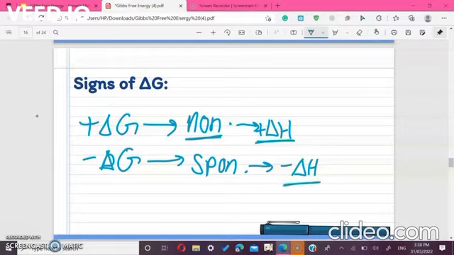What about a negative delta H? When the delta H is negative, we know that the reaction is an exothermic reaction where the system releases energy. So the reaction does not need an input of energy to proceed, which tells us that the reaction happens by itself, so it is a spontaneous reaction.